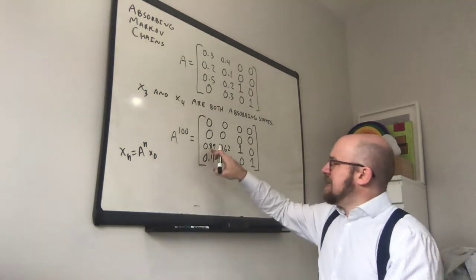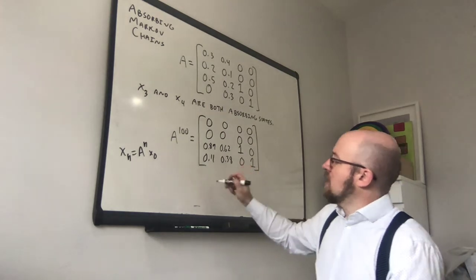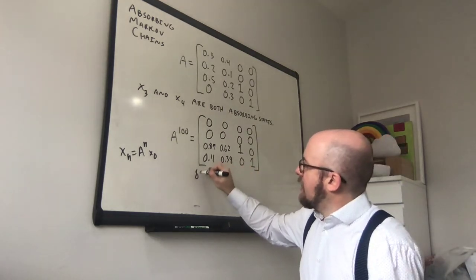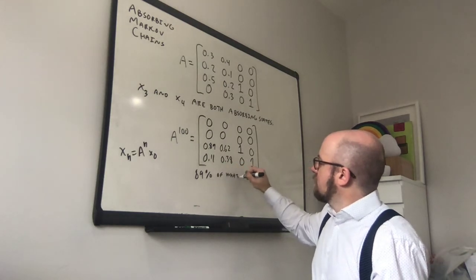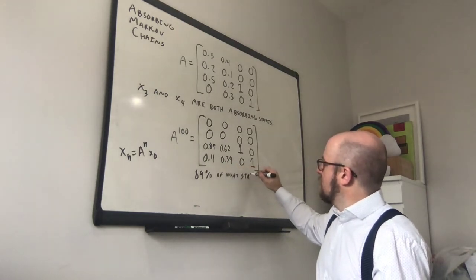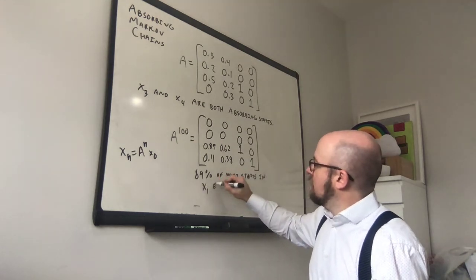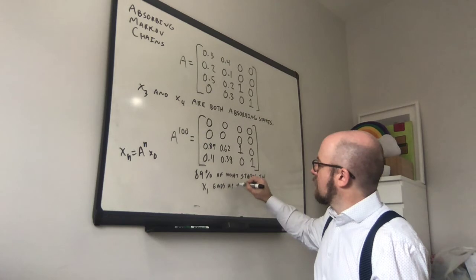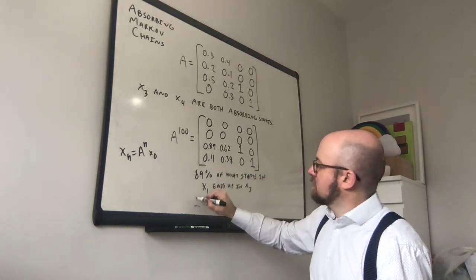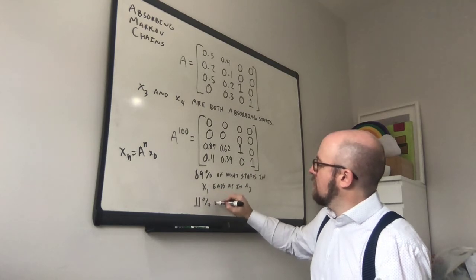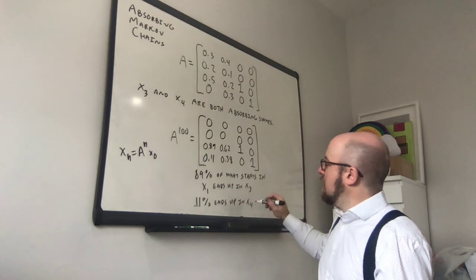Since this is getting multiplied by our initial conditions, it means that 89% of what starts in x1 ends up in x3, and 11% ends up in x4.